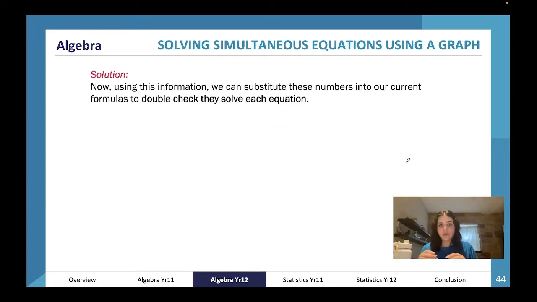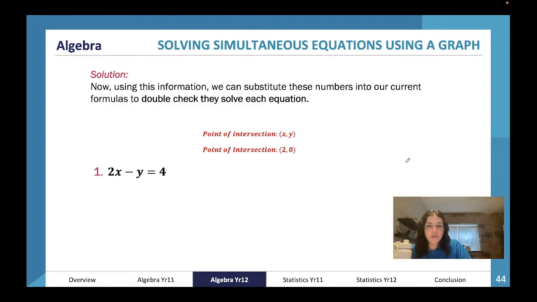So now that we've used this information, we can substitute these numbers into our formulas to double check they solve each equation. So our point of intersection was (2, 0). Let's have a look at our first formula. Our 2 was the x, y was 0, so we sub that in. 2 times 2, minus 0, which is where the y was, equals 4.